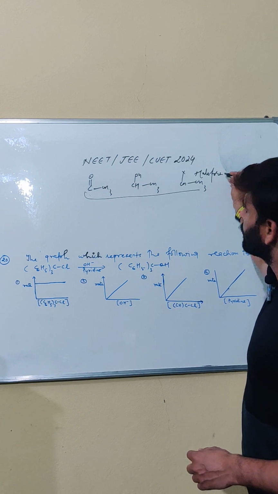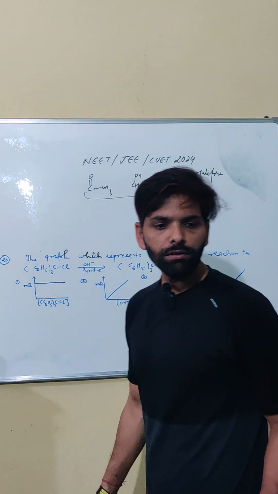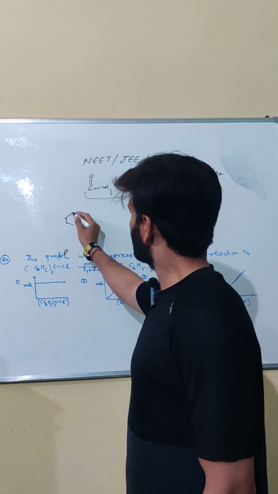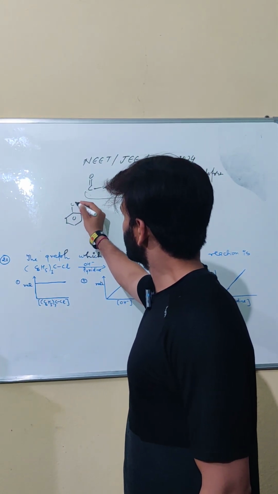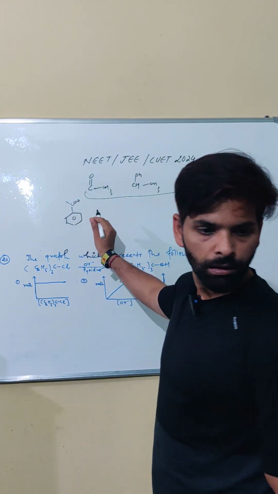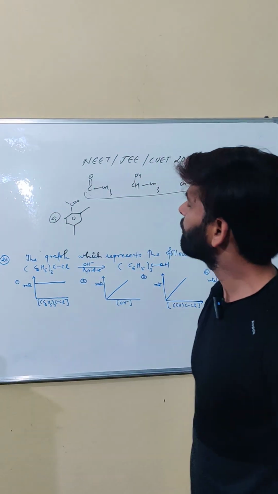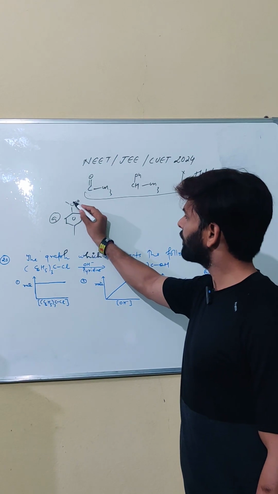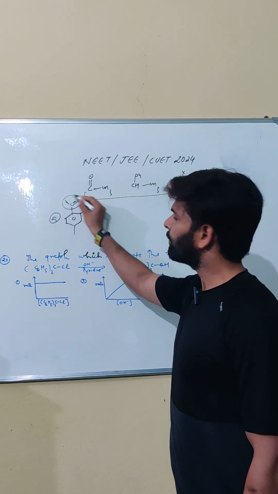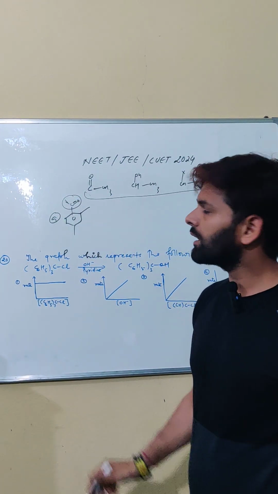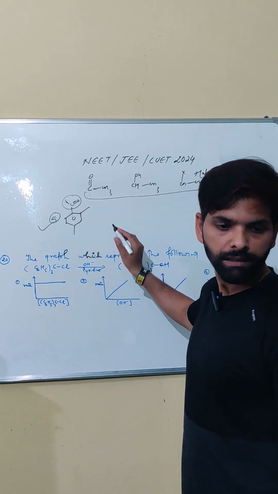Okay, so the molecules that we are given, one is this: methyl and methyl. So this will give the haloform test because this is a ketone group and this is methyl. So a methyl ketone group is present in this molecule, that will give the haloform test.